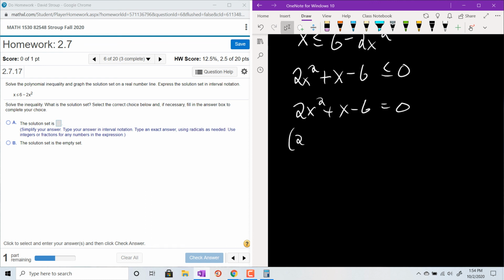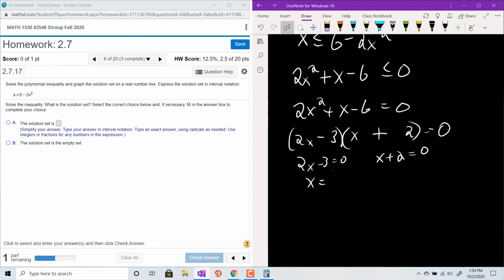So it looks like I got 2x and x, and then we can go 2 and 3. We need this to be positive, so the plus with minus here. Set each part equal to 0. 2x minus 3 is 0. x plus 2 is 0.